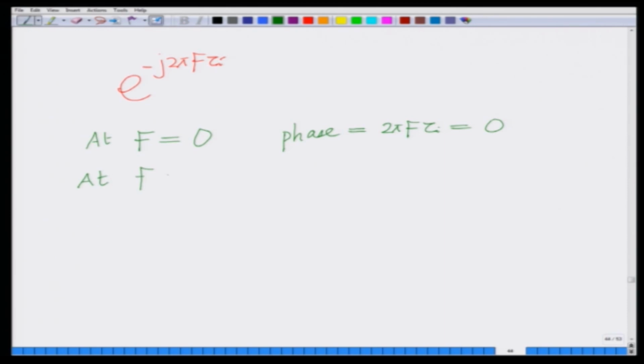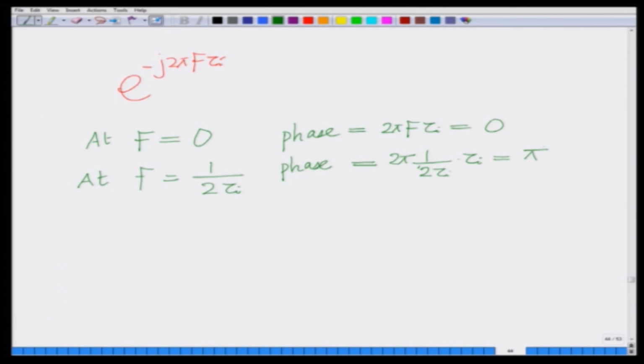At f equals 1 by 2 tau_i, what is the phase? The phase is equal to 2 pi times 1 by 2 tau_i times tau_i, which is equal to pi.